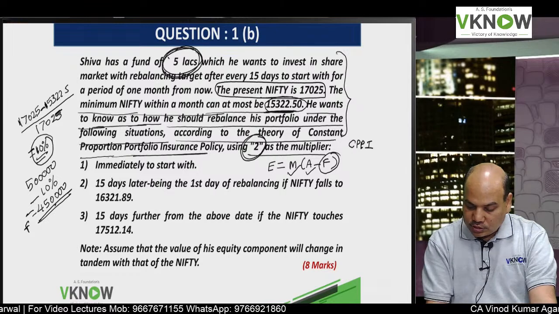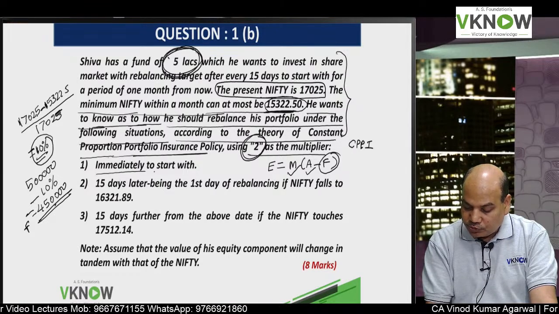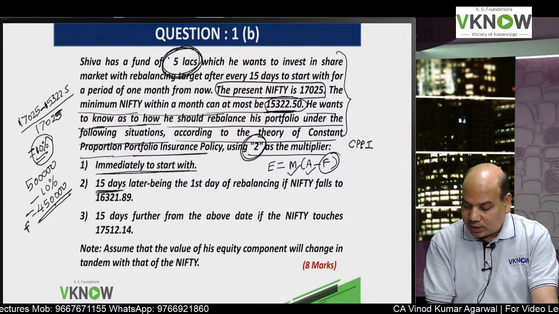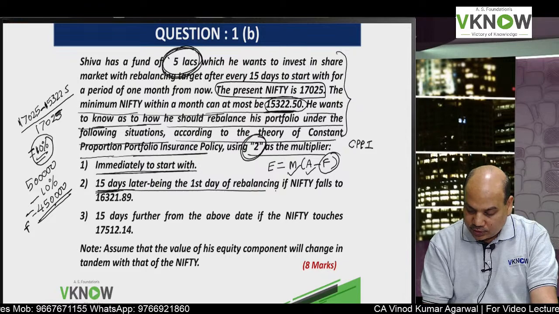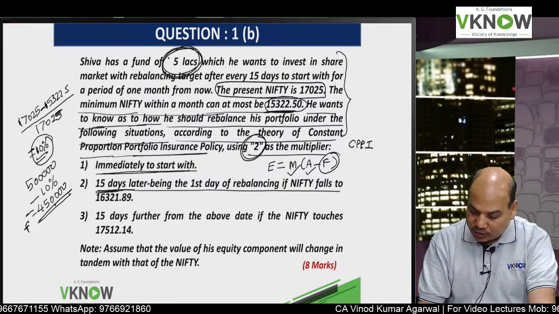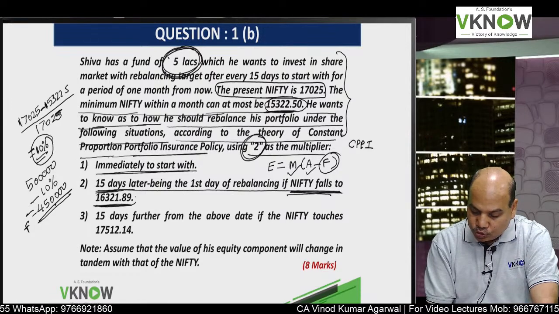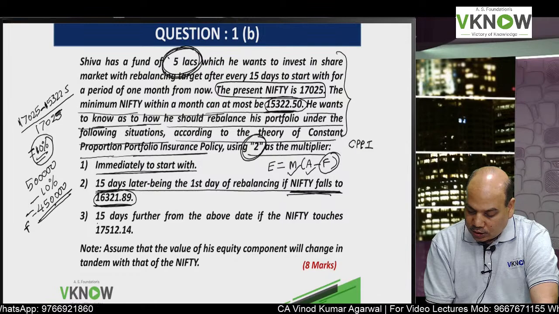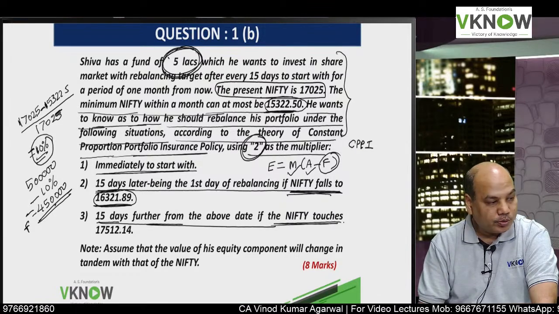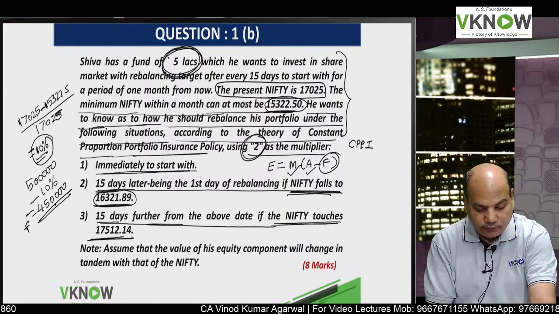Now the question is, what will be his portfolio to start with? How will you rebalance his portfolio after 15 days if Nifty falls to 16321.89, and after a further 15 days, how will you rebalance your portfolio if Nifty touches 17512.14?